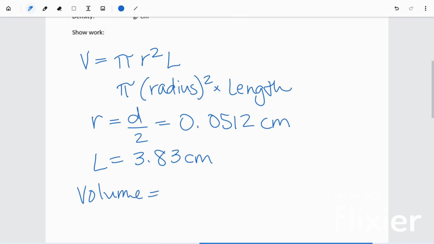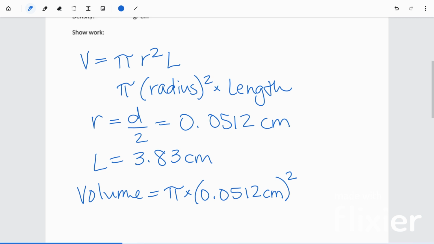using that equation. So we're going to use pi, which is a button on your calculator. The radius, which we said is 0.0512 centimeters, and that's going to be squared. And then our length is 3.83 centimeters. So I'm going to put this in my calculator.